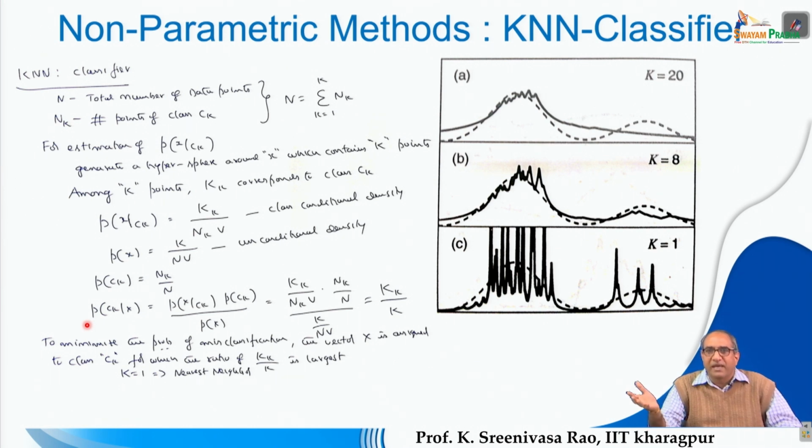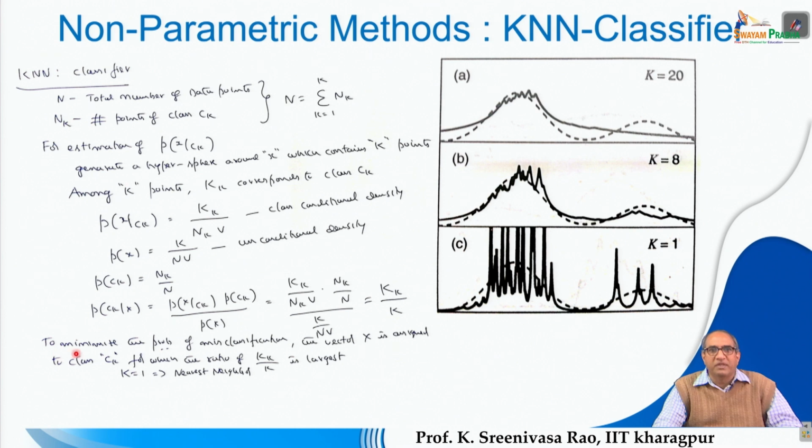In that k, whichever class is dominating, having the higher number of data points, that class label will be assigned to the test vector. So, we can classify an unknown feature vector as one of the classes as per its posterior probability with respect to all the classes.